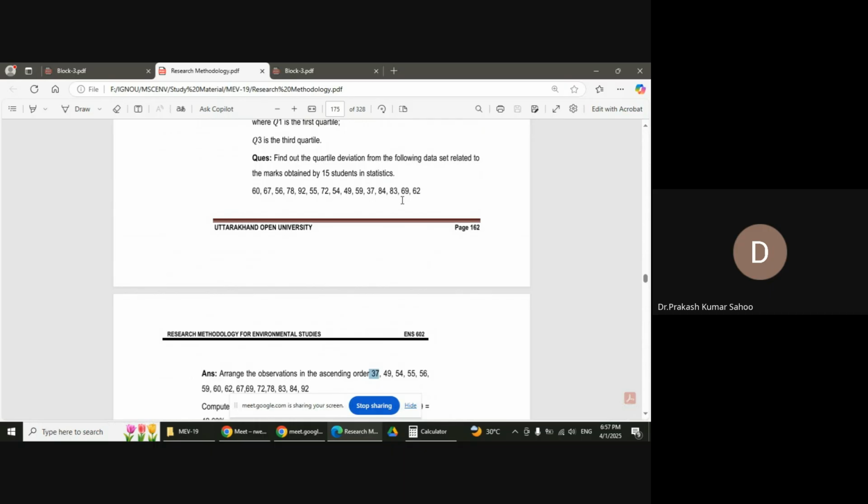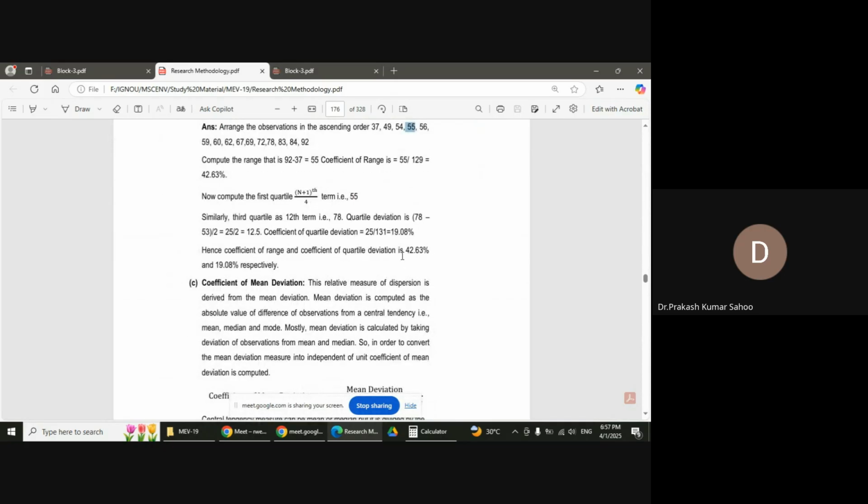So the fourth term is 1, 2, 3, 4, 55, and the 12th term is 78. In the same way, your quartile deviation is calculated, that is 25 by 131. It becomes 19.08%. So like this, you have to calculate all these deviations: standard deviation, coefficient of range, coefficient of quartile deviation, coefficient of mean deviation.